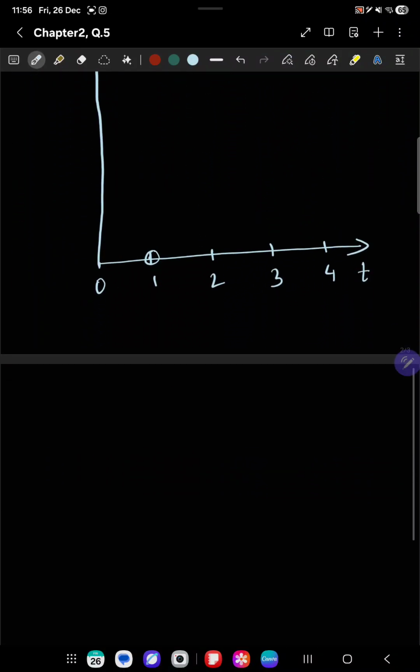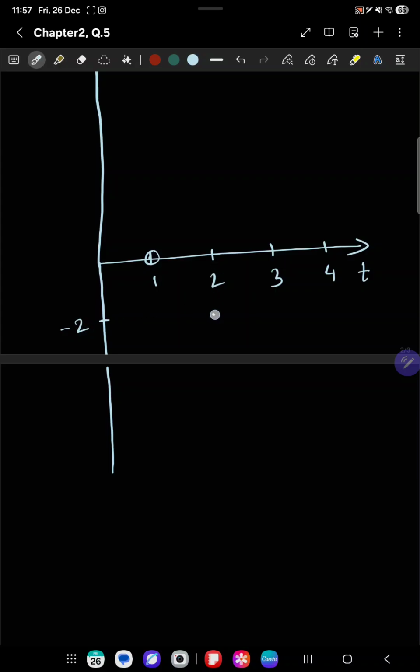So what we have to do is we have to extend this line. Assuming this is -2. Okay.